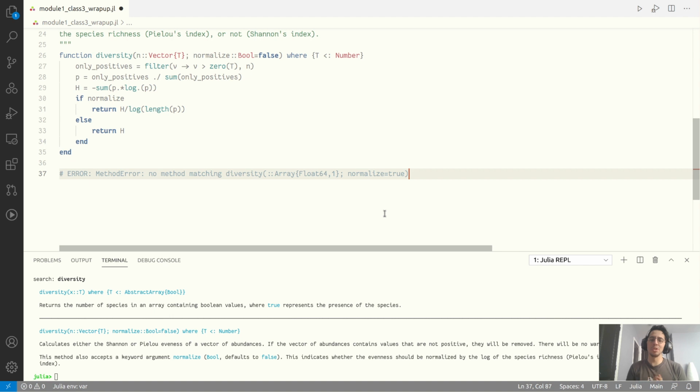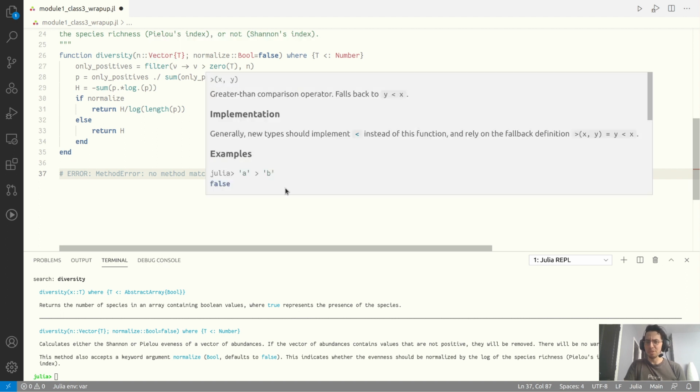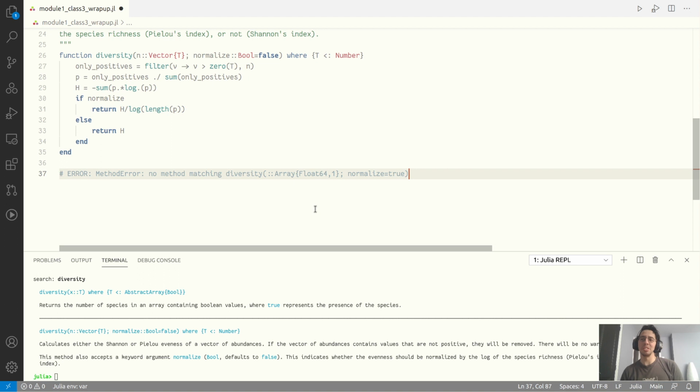So that means that you call the function diversity with an array of floating point numbers that you try to normalize, and it is not working. So Zach's initial diagnosis is that maybe it's okay because there's no specific method that says array float64 1, which is true. There is no specific method.